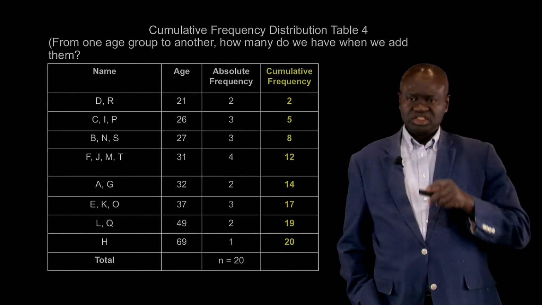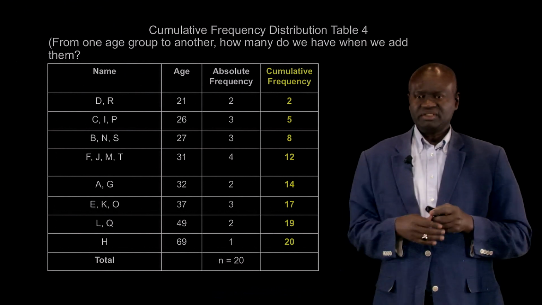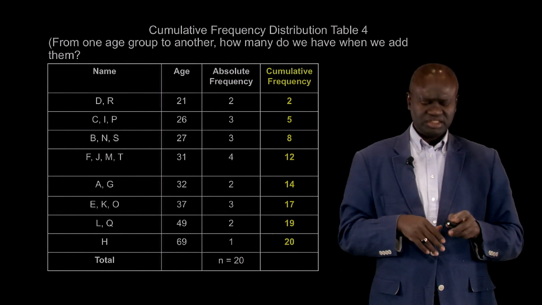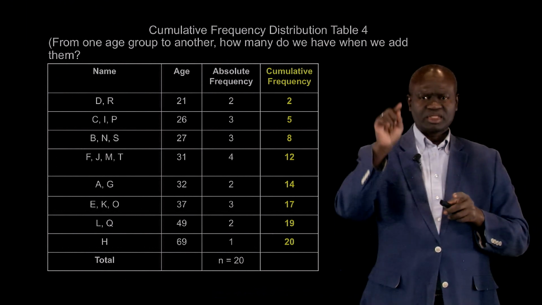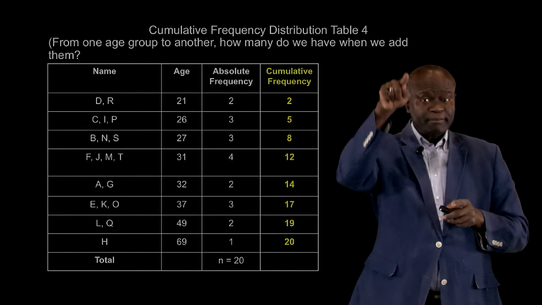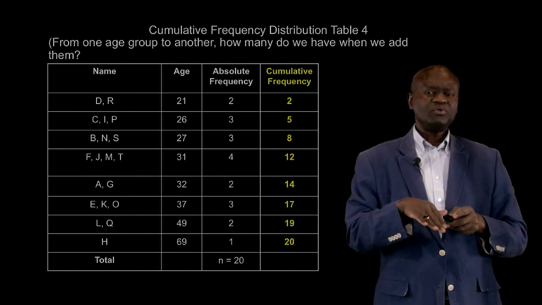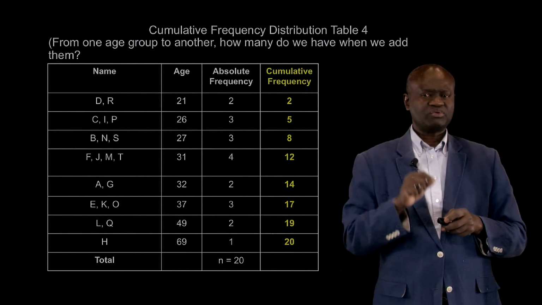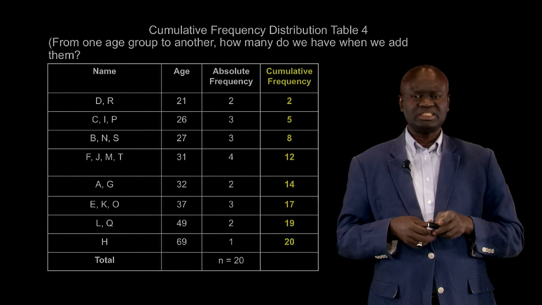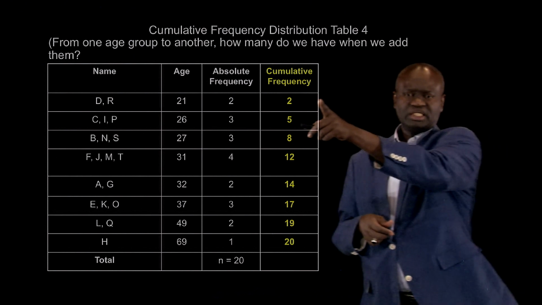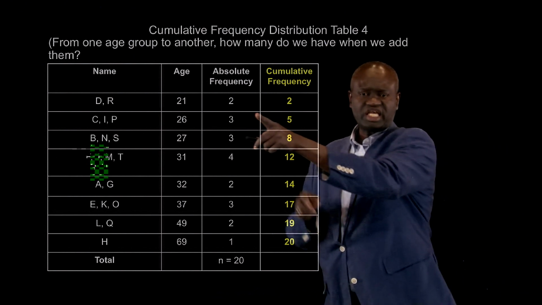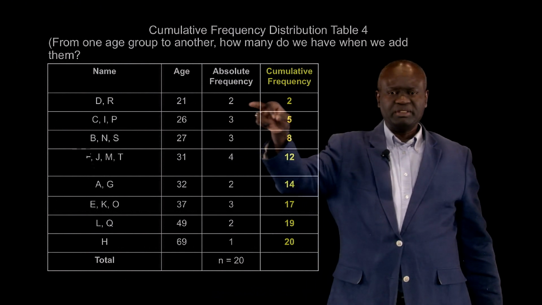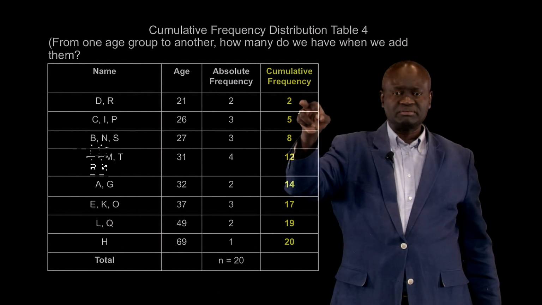On this slide, table number 3, it's the same as the previous one, but I add another column. You can see the ages, the absolute frequency, and now the cumulative frequency. The first number, 2, is the same. The 2 and 2, you reproduce the same number.